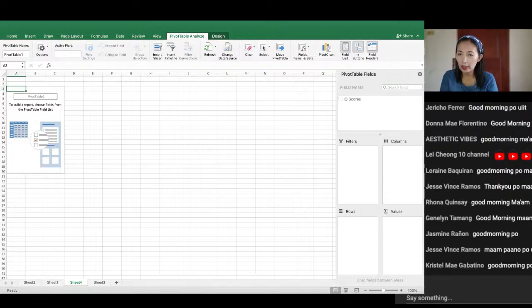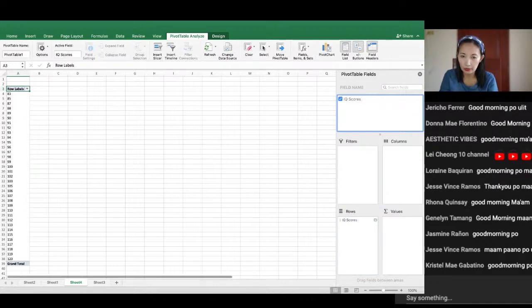You drag or click on the IQ scores. This is our variable, IQ scores. We only have one variable anyway. So drag the variable to the rows. This is dragging the variable IQ scores to the rows. What happens?